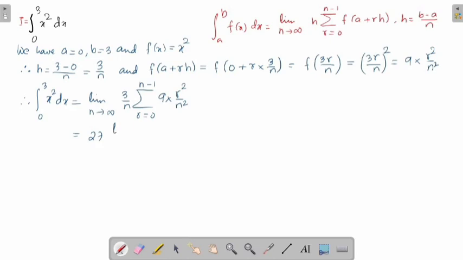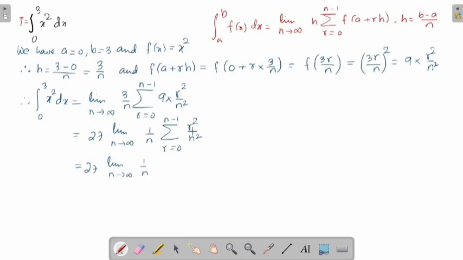Now we have limit n tends to infinity, so we have 1 by n, summation r is from 0 to n minus 1, so we have r square by n square. So we have 27 limit n tends to infinity. Now as usual we'll put the values of r.